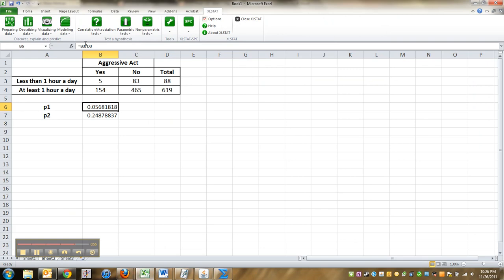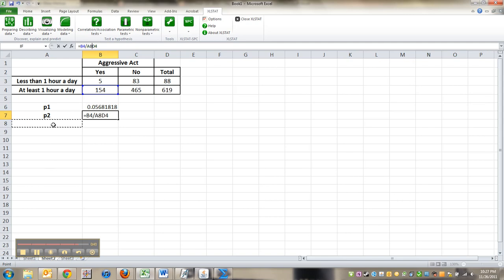So I've already found P1 hat. I did that by taking the yes divided by the total, right, for the little people. And then for a lot of television people, it was 154 divided by 169. And then we're going to need that P hat. Oopsie. Oh, my goodness. Hold on. There we go.